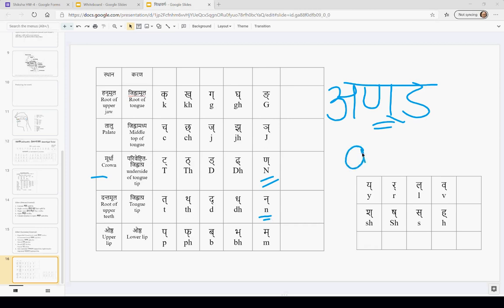So we have 'ant', for example. What is a good example for this? A na sound, with the consonant after that.